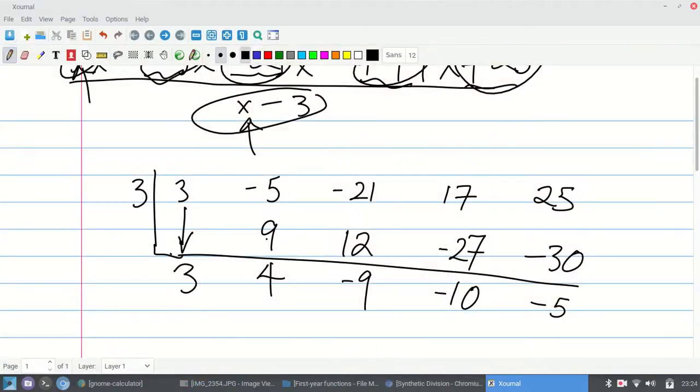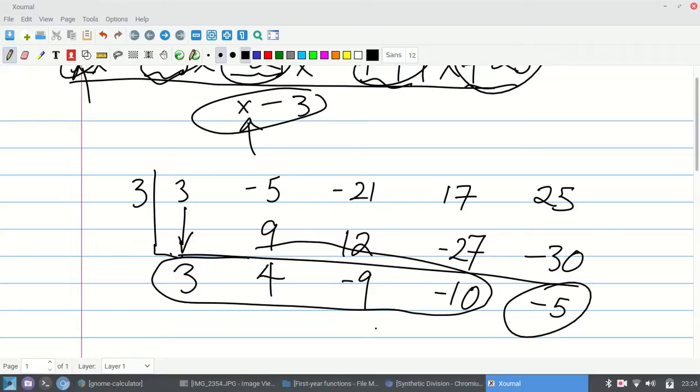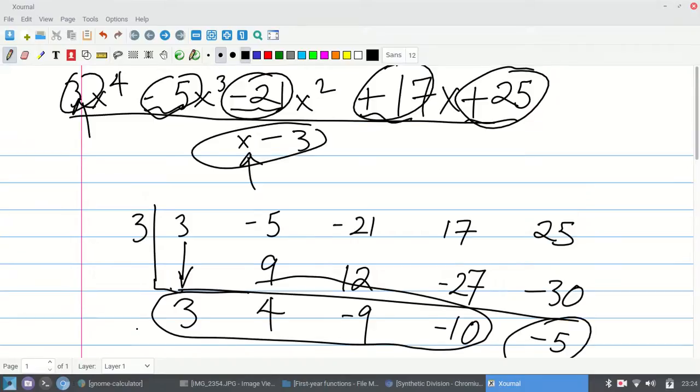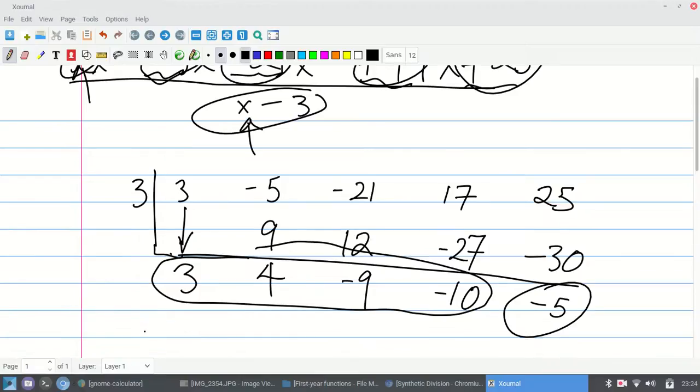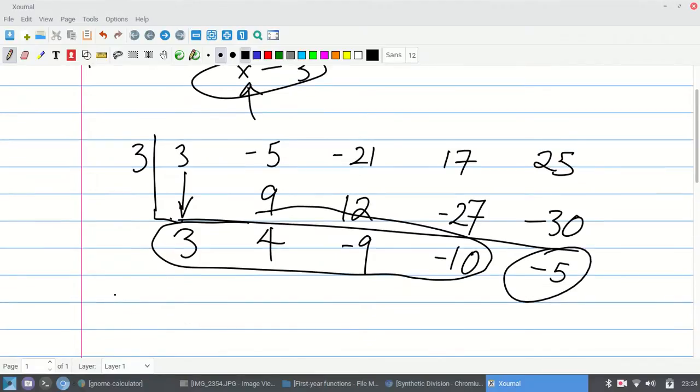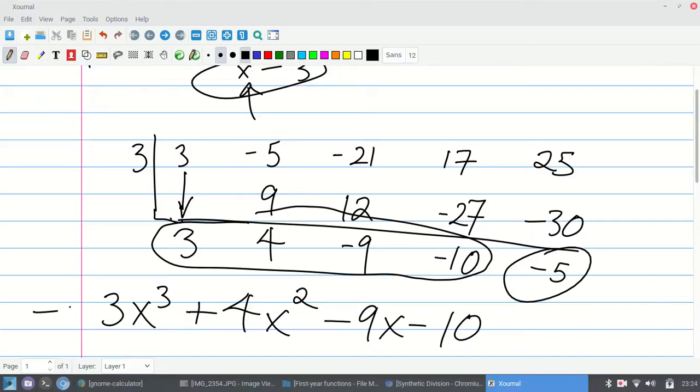My result is this guy, with this remainder. So all I have to do is put in variables, right? So I started with x to the 4, so this is probably going to have x to the 3. So it's going to be 3x to the 3 plus 4x squared minus 9x minus 10. That's my result, with a remainder equal to negative 5.